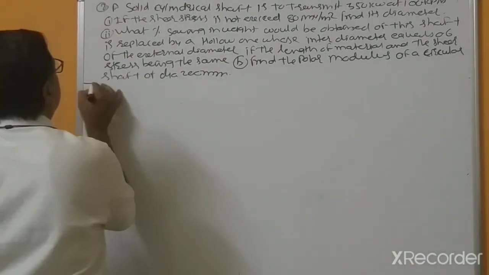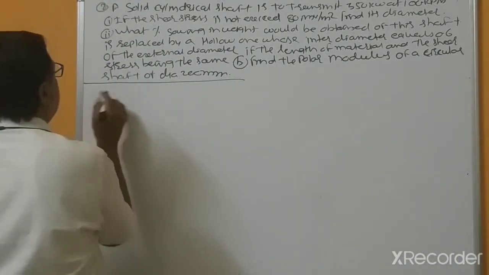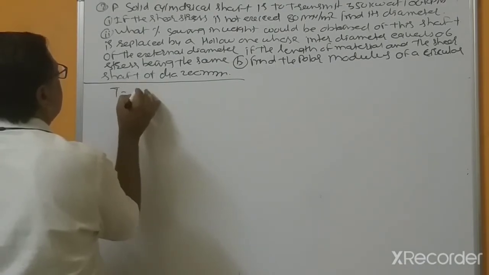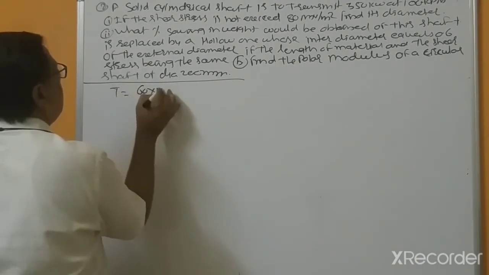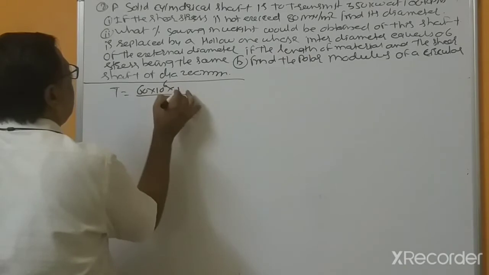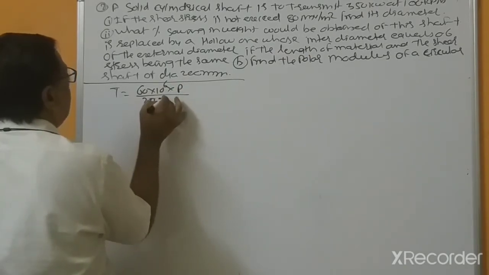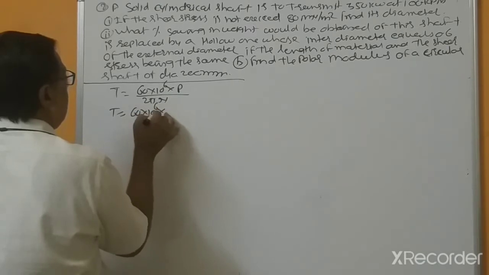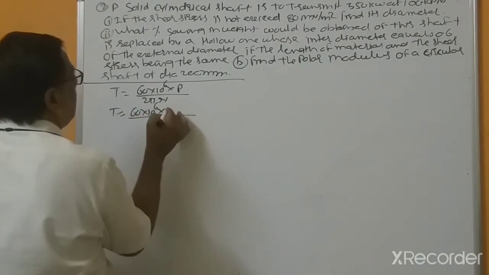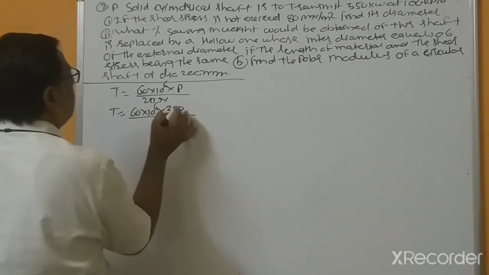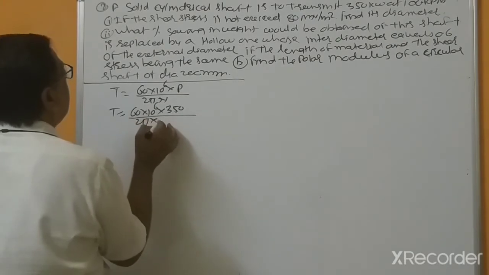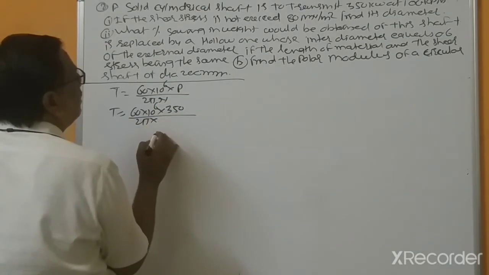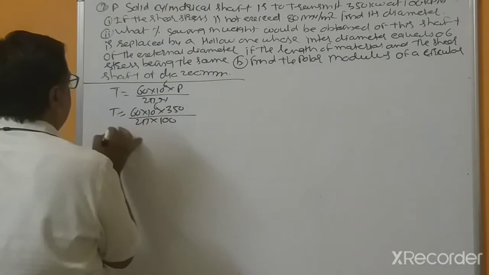First calculate the torque T equal to 60 into 10 to the power 6 multiplied by P divided by 2 pi N. This is 350 divided by 2 pi, with rpm equal to 100.